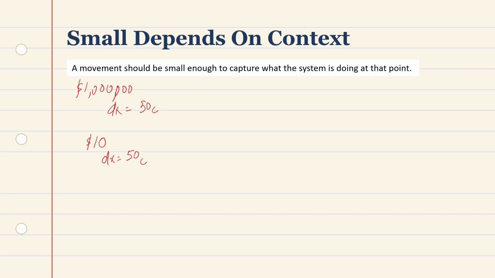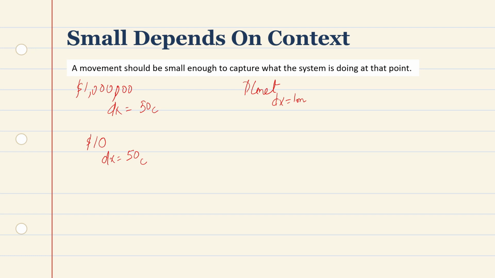Let's look at another example. Measuring distance. Let's say we are measuring distance because of a movement from one planet to the next. If we are measuring distances between planets and there's a movement of 1 meter, that is pretty small.